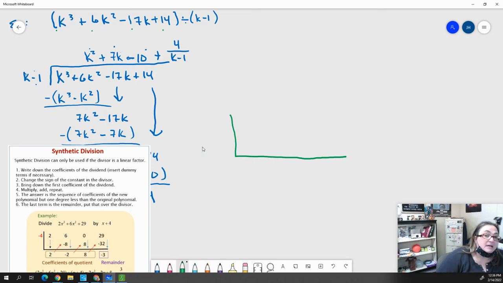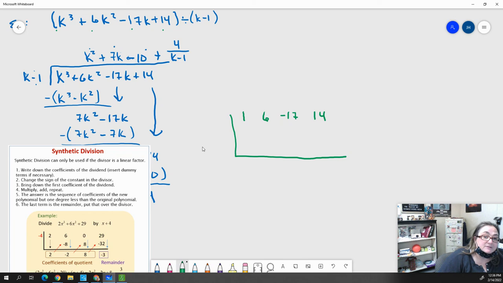So we're good. And that is what we're going to list in here. If there's nothing in front of your variable, the coefficient is 1. So for our k cubed, we'd put 1. For our k squared, we would put 6. For our k value, we'd put negative 17. And then for our constant, we would have 14.